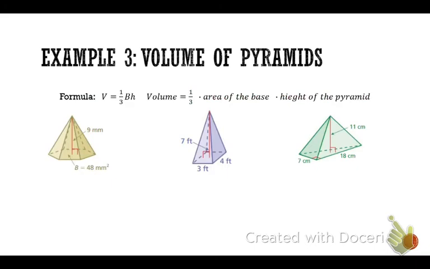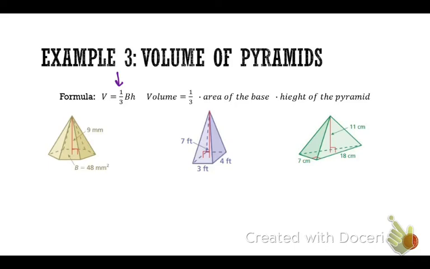Okay, so now let's do volume of pyramids. The volume of a pyramid is the exact same formula as volume of a prism, with one exception. You divide it by 3 at the end. You take 1/3 of it. If you think about it, a prism has 2 identical bases, so it's just going to be straight up.